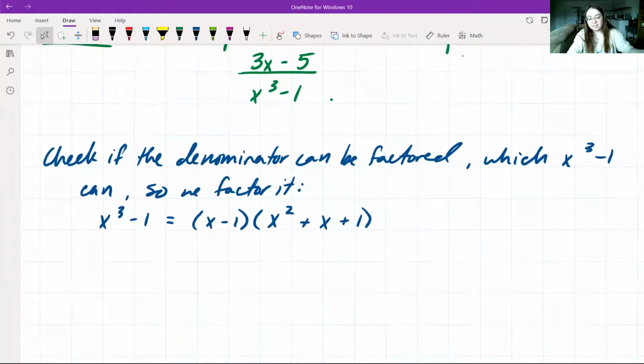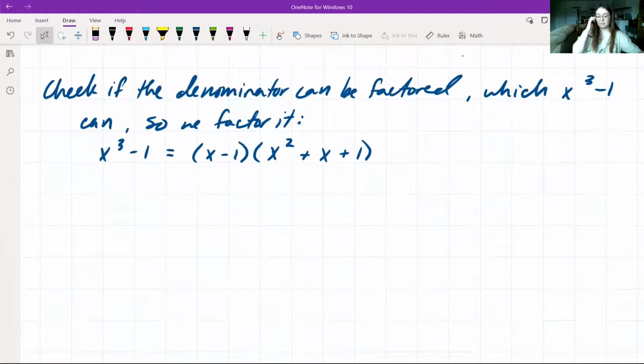This is just using the properties of a cube minus another value cubed, and 1 to the power of 3 is still just 1. So x to the power of 3 minus 1 can be factored using that identity. That's an identity that would have been learned in Math 95.